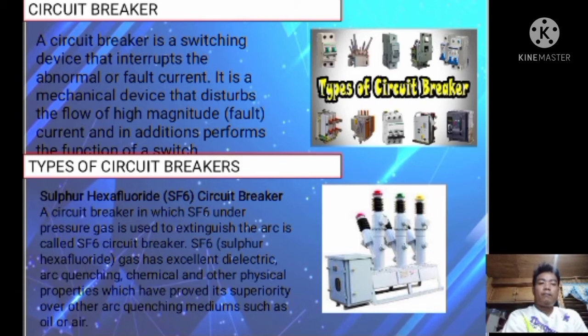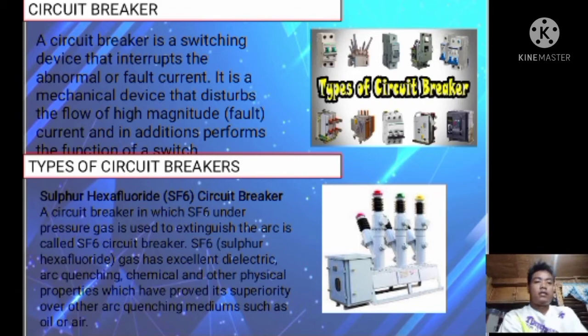Its chemical and other physical properties have proved its superiority over the other arc quenching mediums such as oil or air circuit breakers. So, yun yung sulfur hexafluoride circuit breaker. Makikita natin to siya sa isang substation.